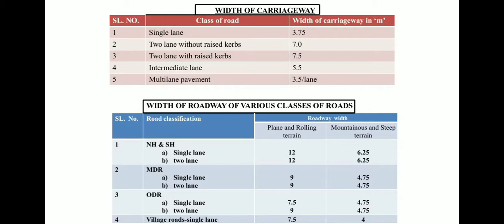Whereas for other district road, two lane, plain and rolling terrain it should be 9 and mountainous and steep terrain it should be 4.75. Whereas for the last type of road classification, that is village road, for roadway of plain and rolling terrain it should be 7.5 and mountainous and steep terrain it should be 4 meter respectively.